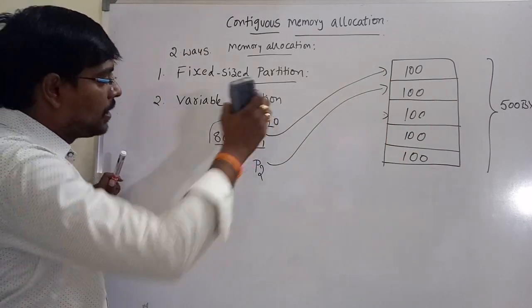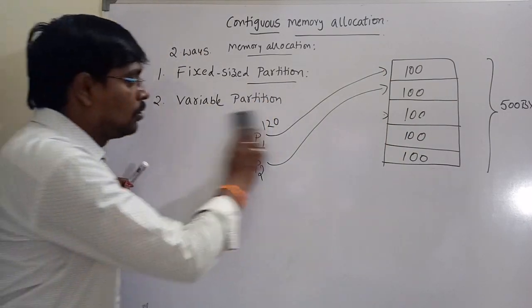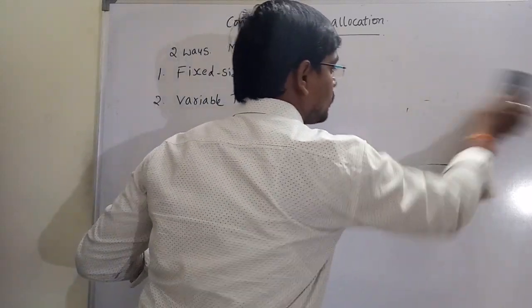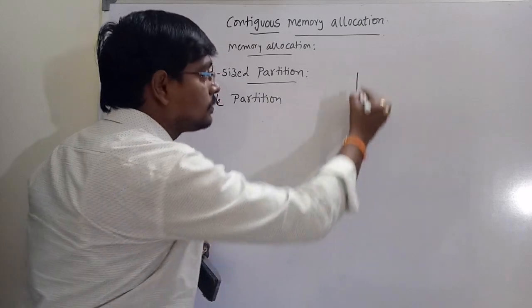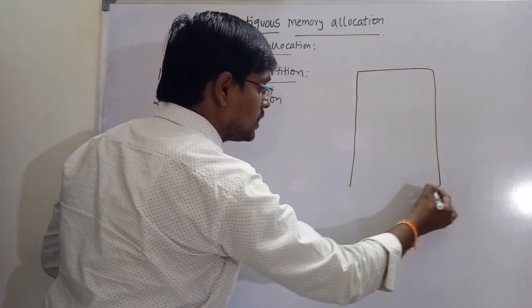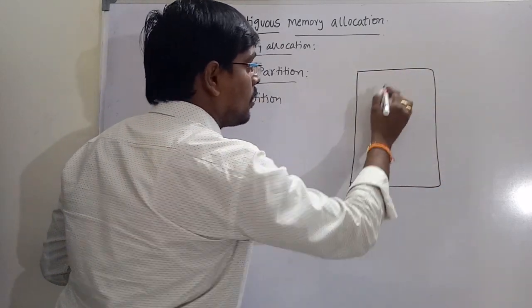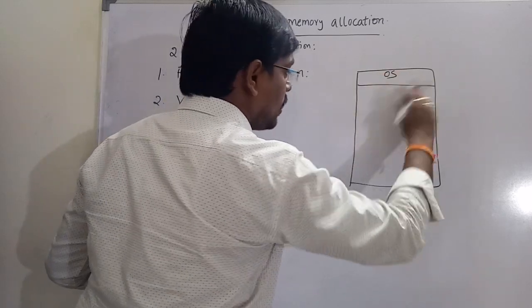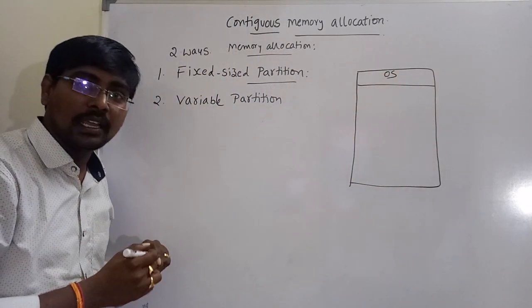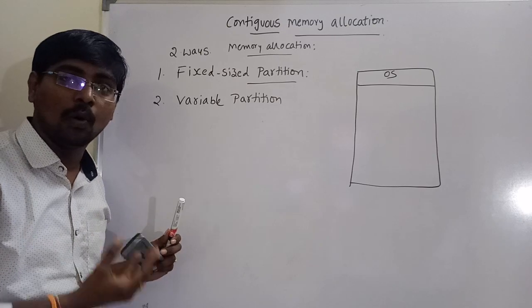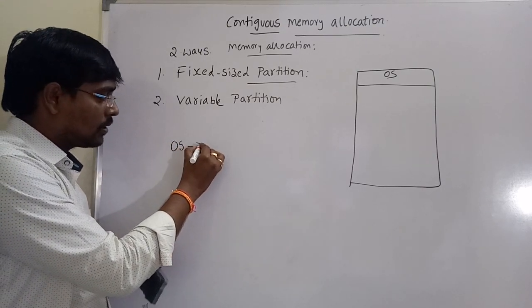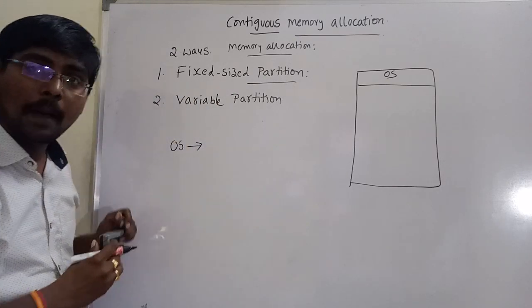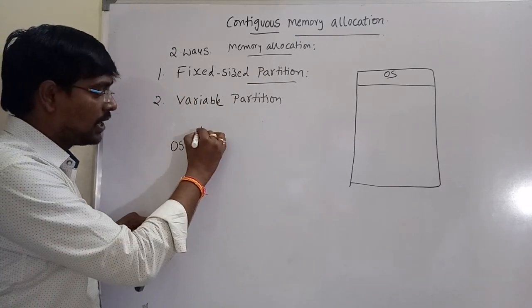Now come to variable partition. Here, what is the concept? This is the main memory, and suppose this is the OS. This memory is allocated to different processes. How? In variable partition, the operating system maintains a table.